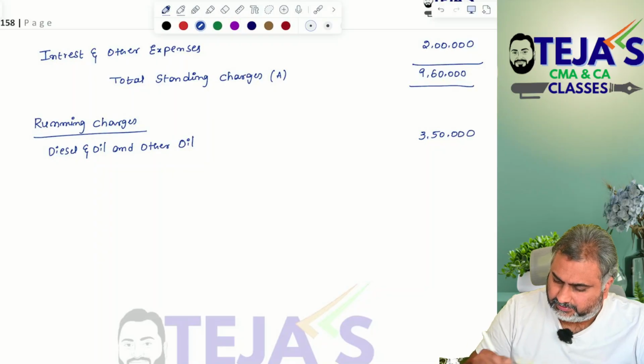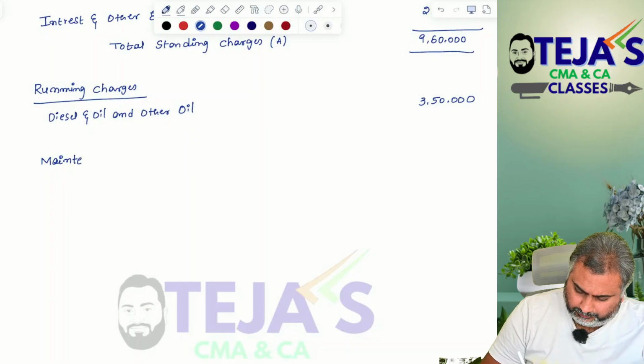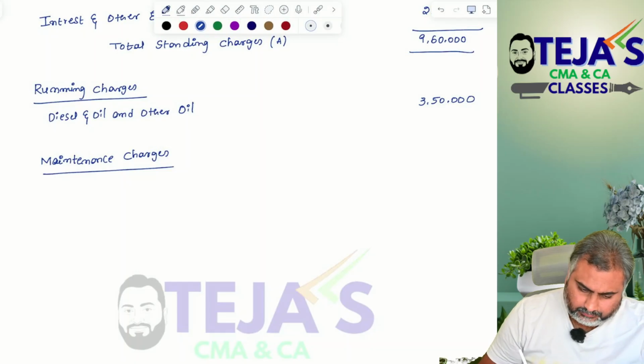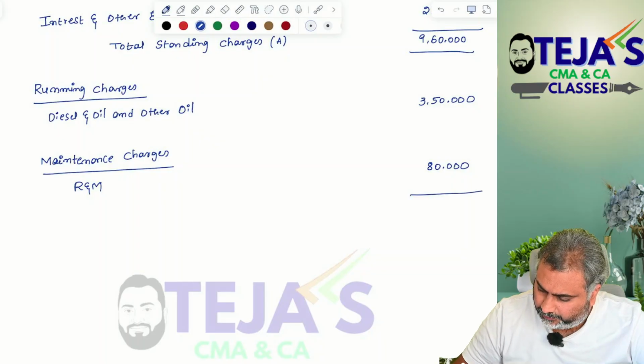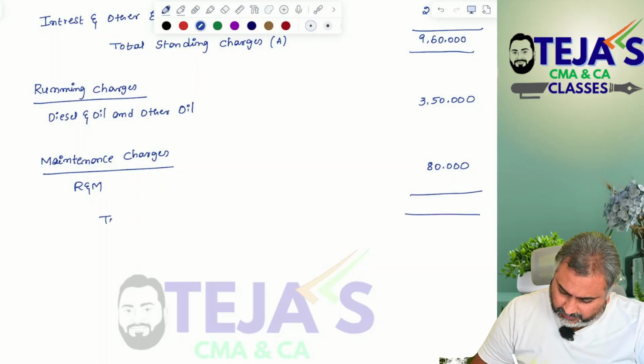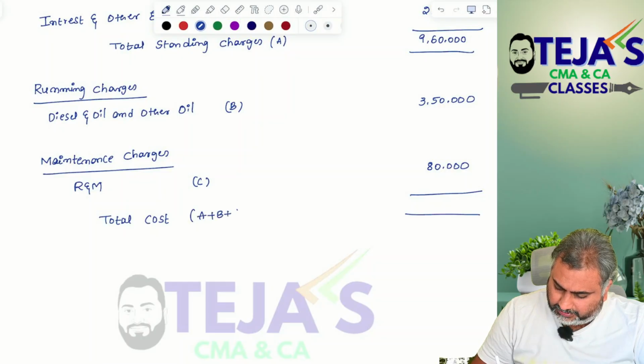This is the only expense we have there. Then maintenance charges: repairs and maintenance given in the question, 80,000. If you add all these three, you will get your total operating cost. Make standing charges A, running B, maintenance C, so A plus B plus C.